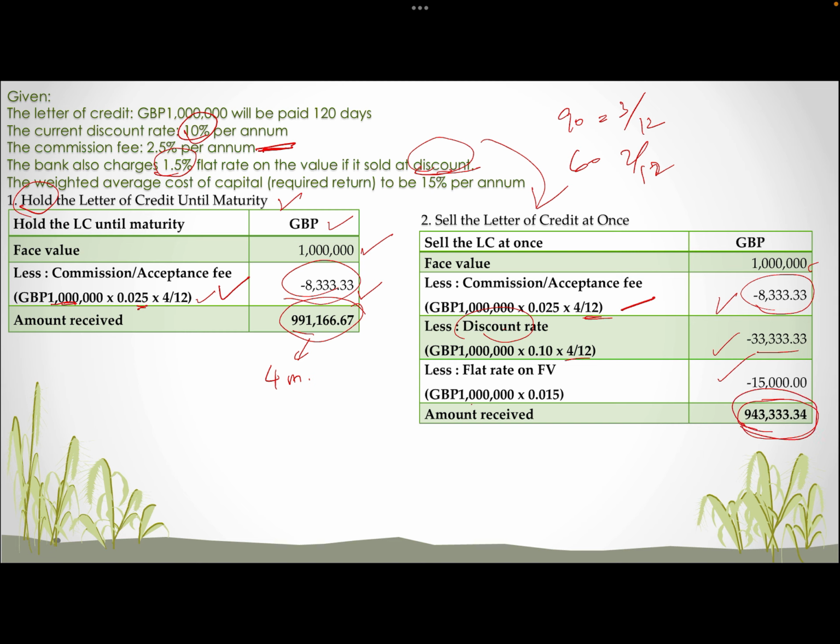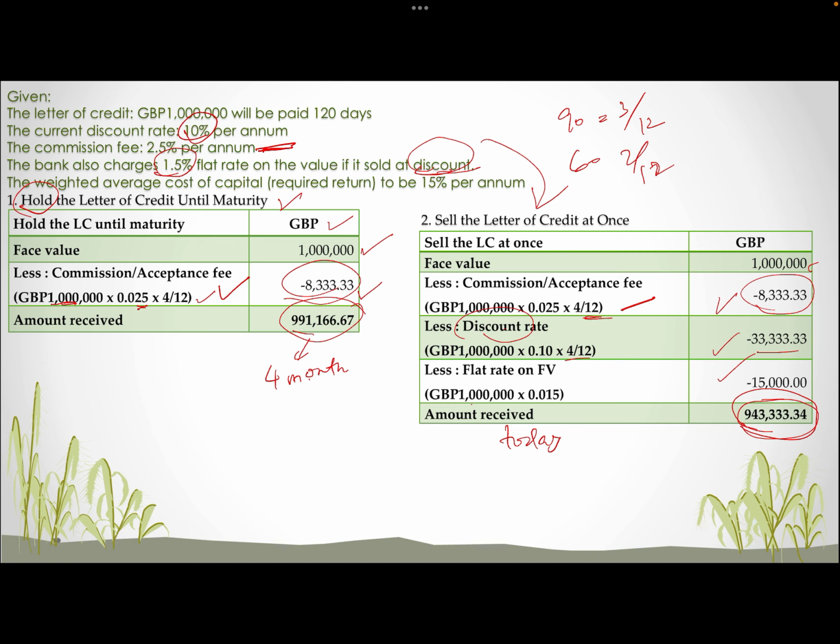We cannot compare because of the different times. This value is after 4 months. This value is for today. Because of this, we cannot compare whether the company has to wait until maturity or sell now.